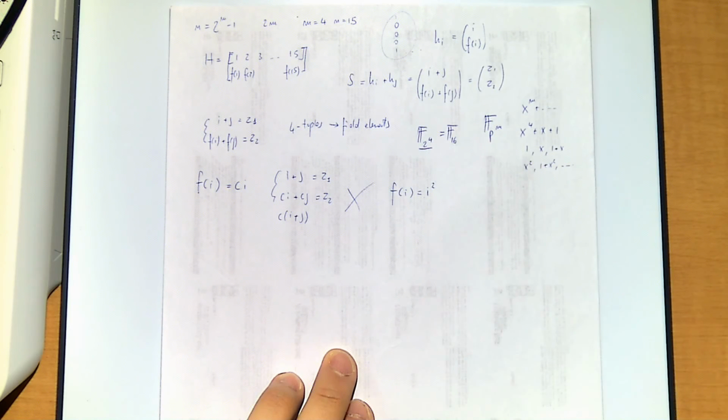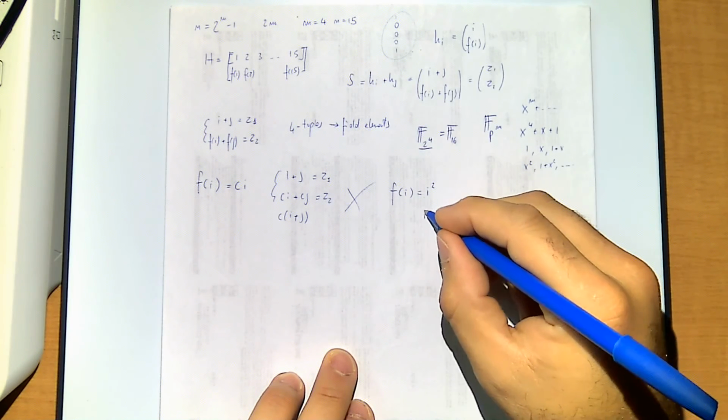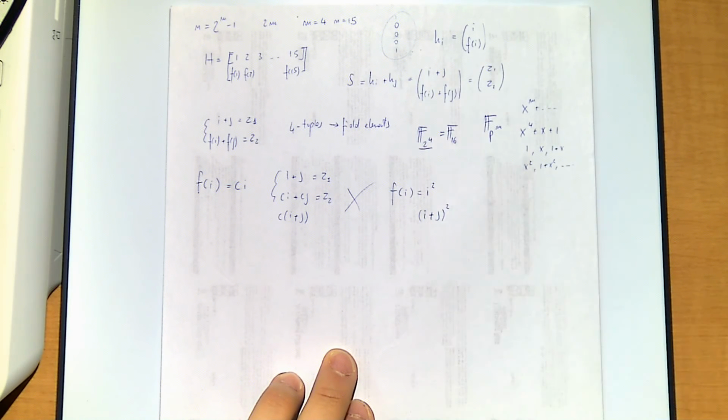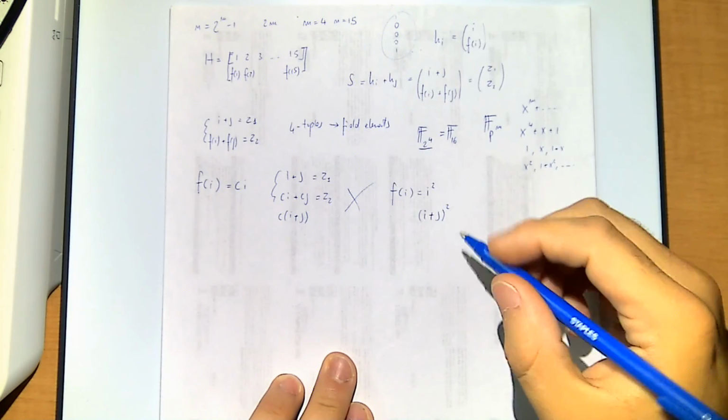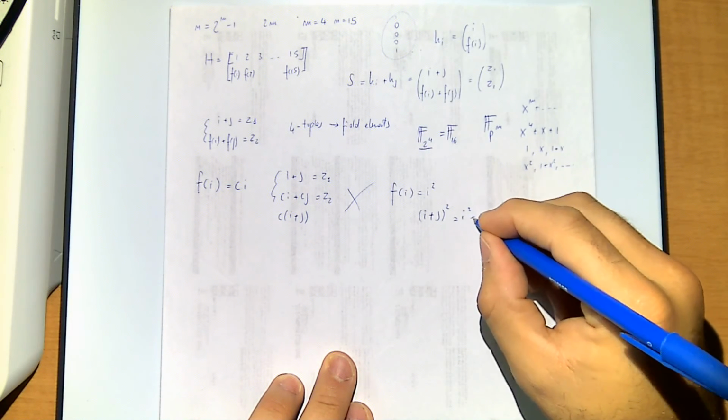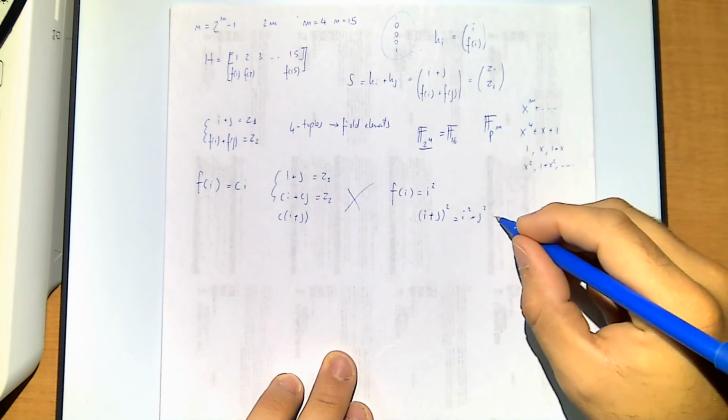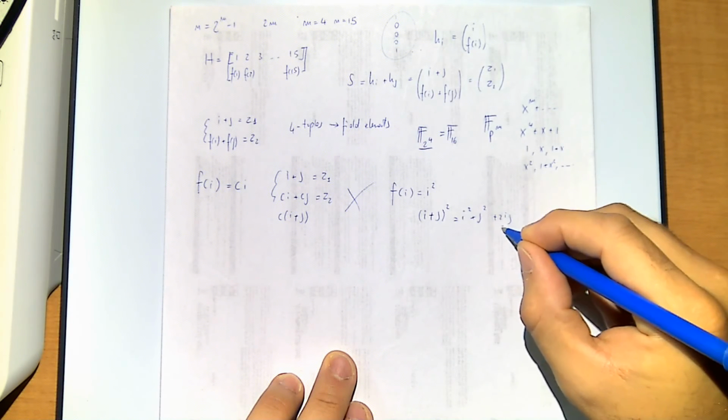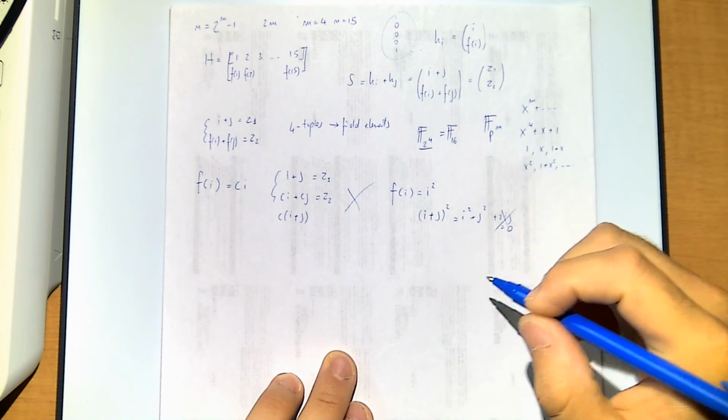I can also not choose I squared, because then I get I plus j squared, which is I squared plus j squared in this field, because the plus 2ij is 0, since we're working mod 2.